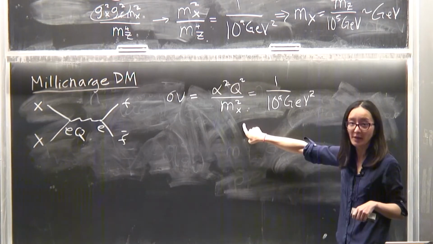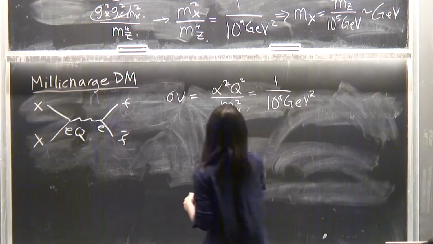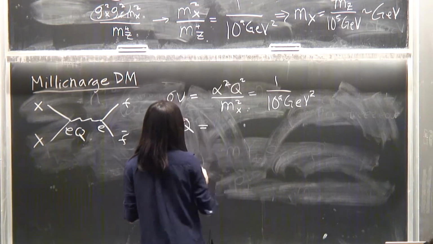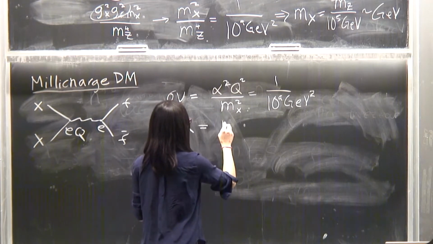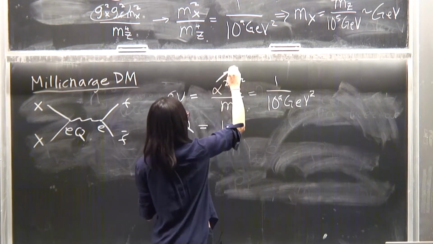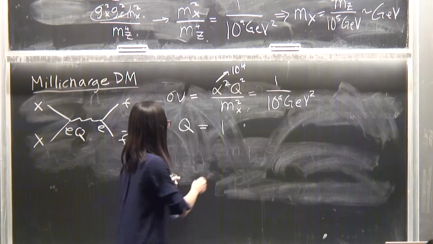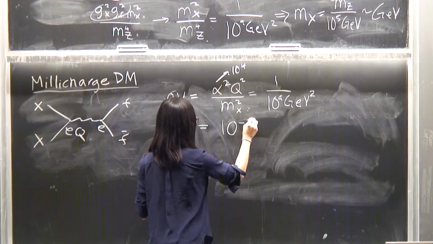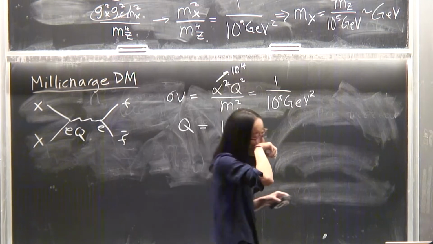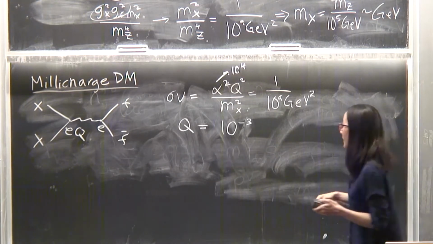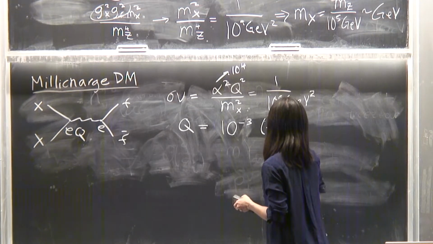And let's just make the dark matter mass about a GeV to see if this works. So then Q is equal to about, well, I'll make this 10 to the 4. Sorry, 10 to the minus 3. So I get about 10 to the minus 3 times the dark matter mass over GeV.